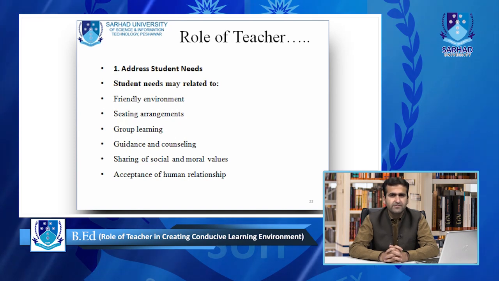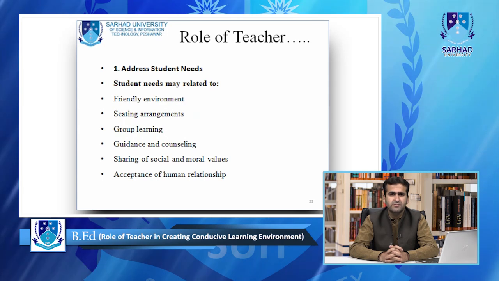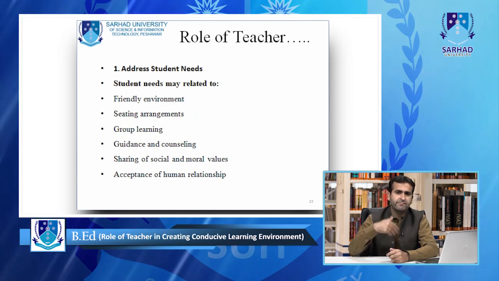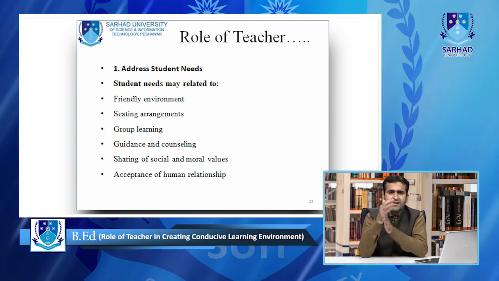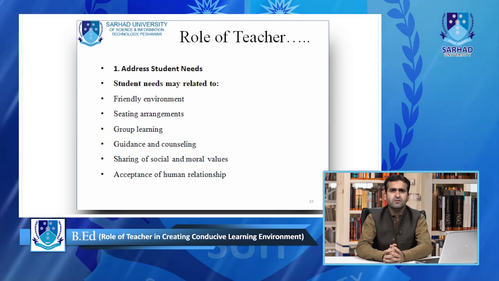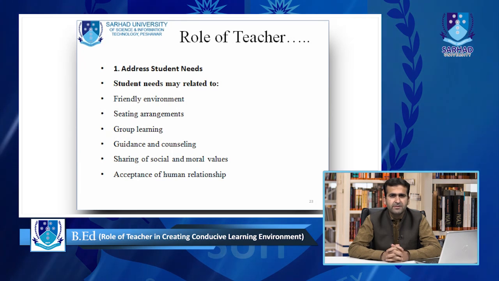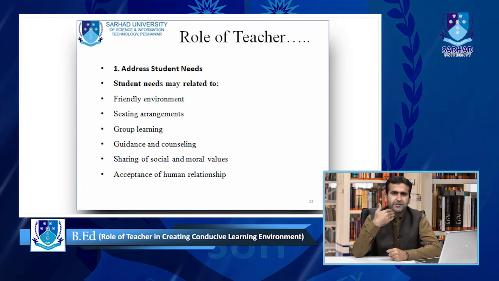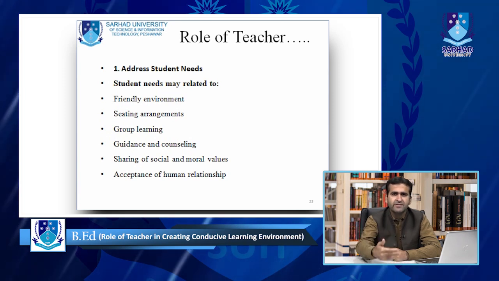An effective teacher must know the needs of the student. What might be those needs of the student? Number one, a friendly environment. By a friendly environment we mean an environment in which the student can share their problems and issues openly with their teachers.